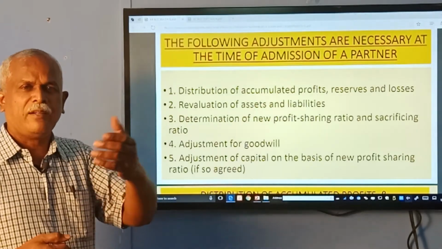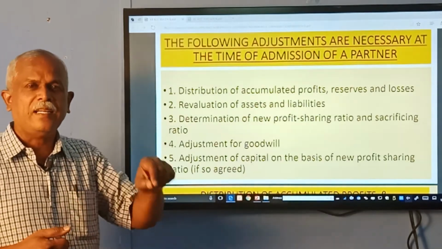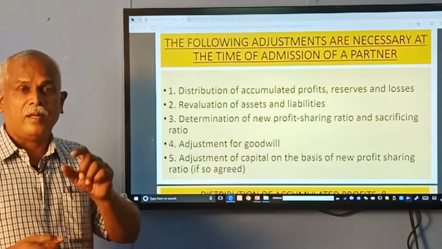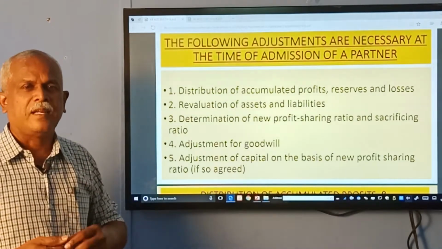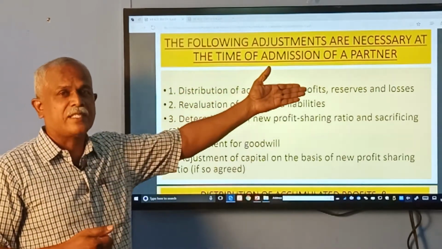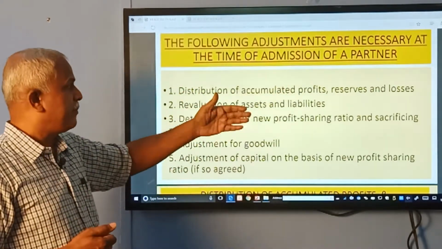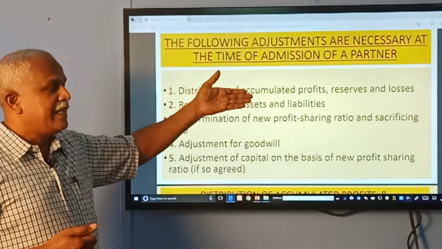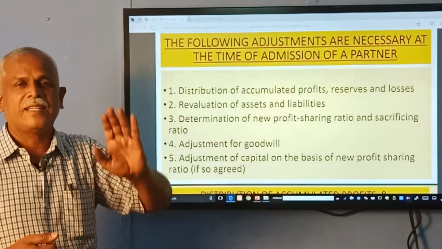So, the capital of the new partner in the new firm is known. Now, old partners, after doing a lot of adjustments such as transferring the reserves and profits, revaluation profits and losses, such things will increase or decrease their capital.